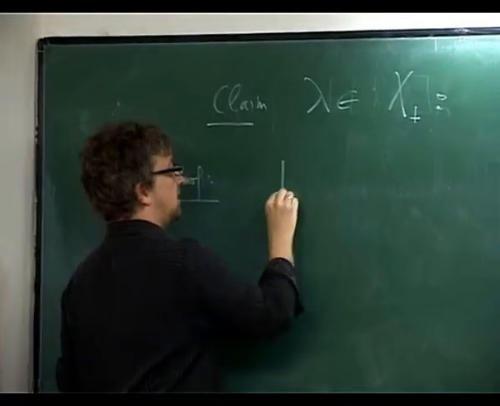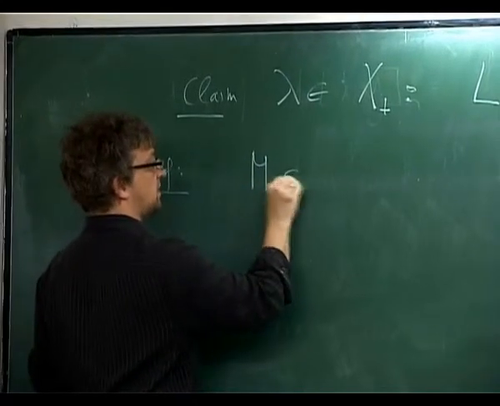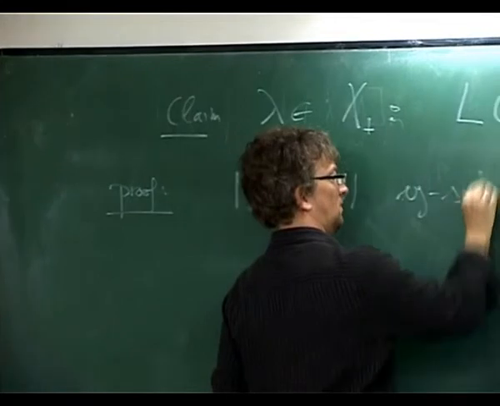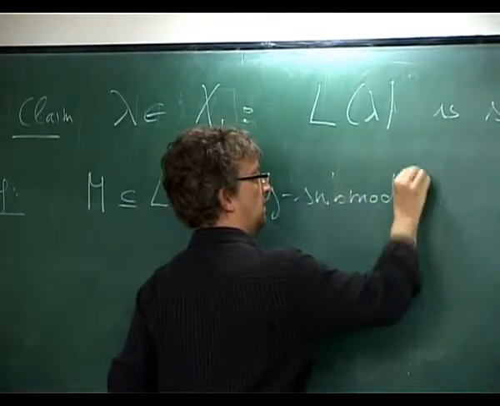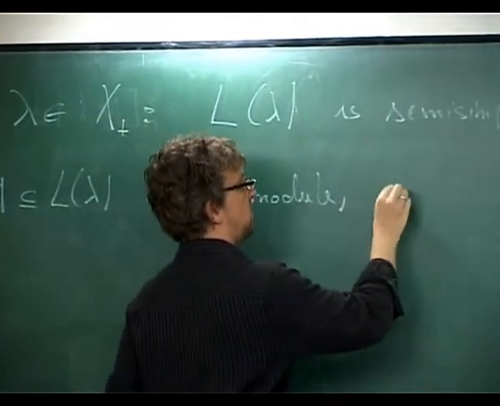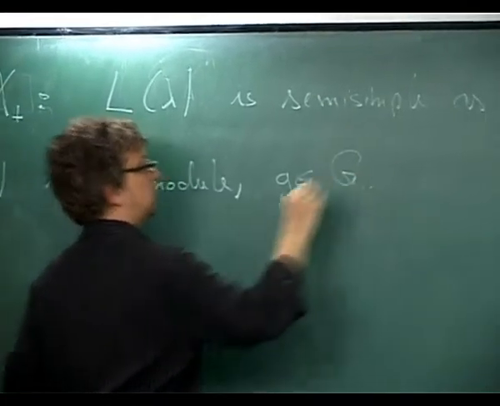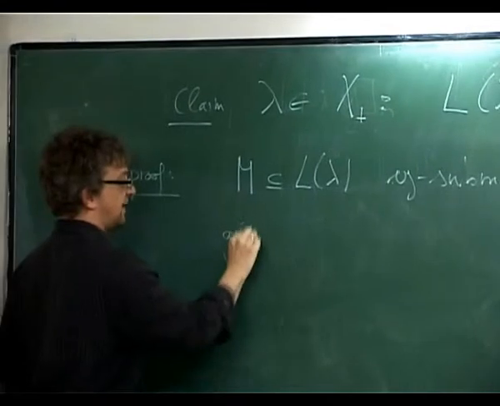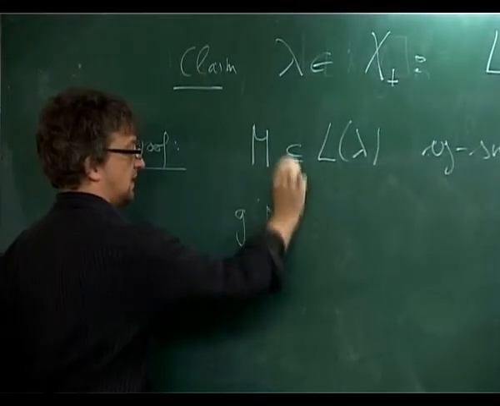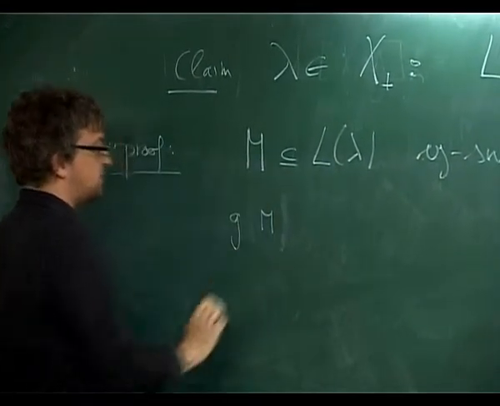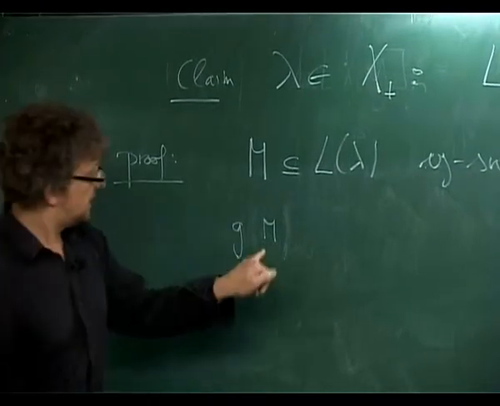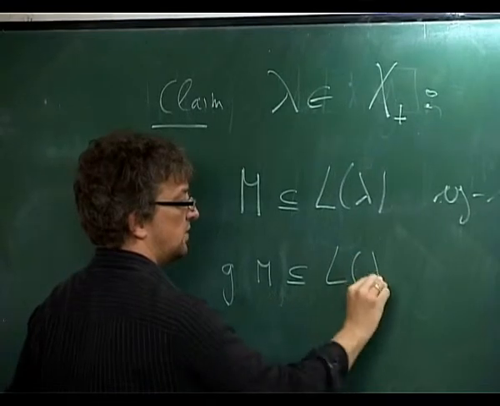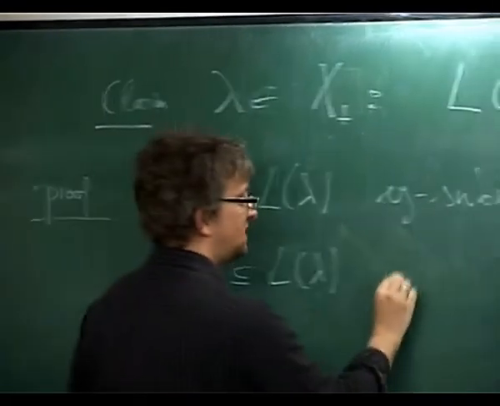Let M in L lambda be a G submodule, and suppose g is an element in the group. Then I claim that gM, that's the subvector space you obtain by applying the group element to this vector space M, is again a G submodule.